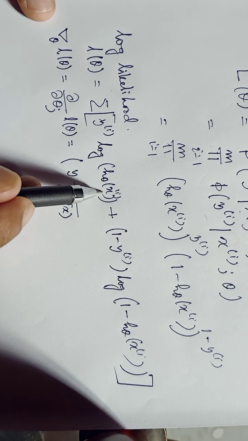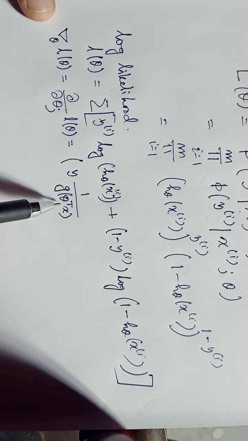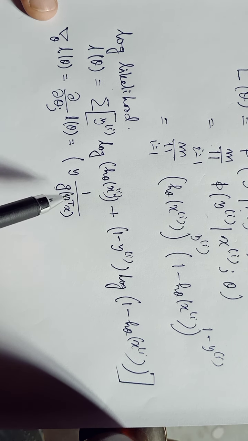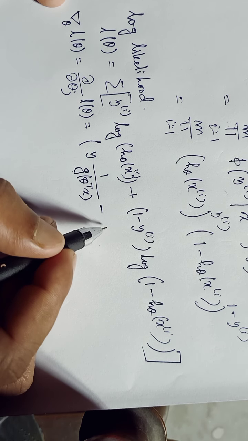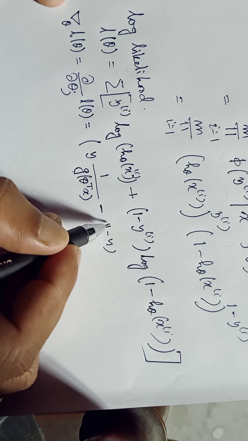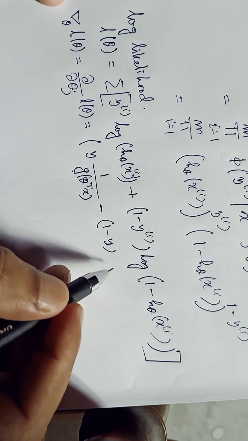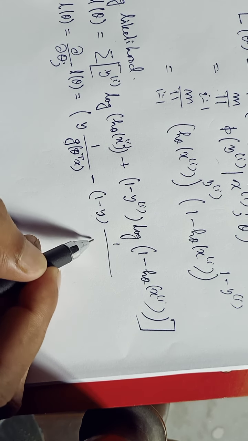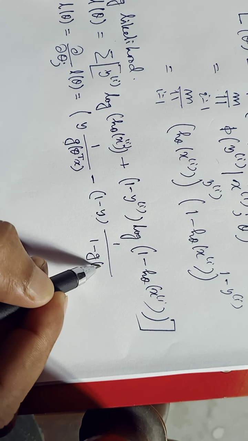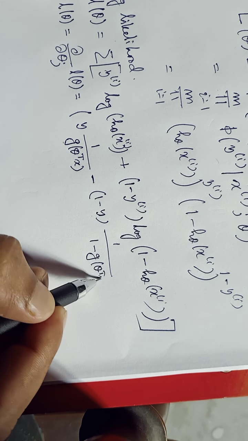Instead of writing h theta x, we are writing 1 by g of theta transpose x, which is h theta x. Very simple. Minus 1 minus y times the log of this, that means 1 by 1 minus g of theta transpose x.